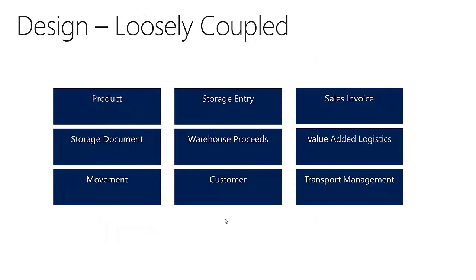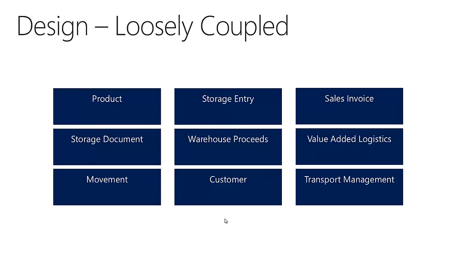If we go back to our external warehouse example, and if we look at it from a loosely coupled perspective, it would be better to create our own master data in the form of products, and to create our own documents in the form of storage documents and movements.